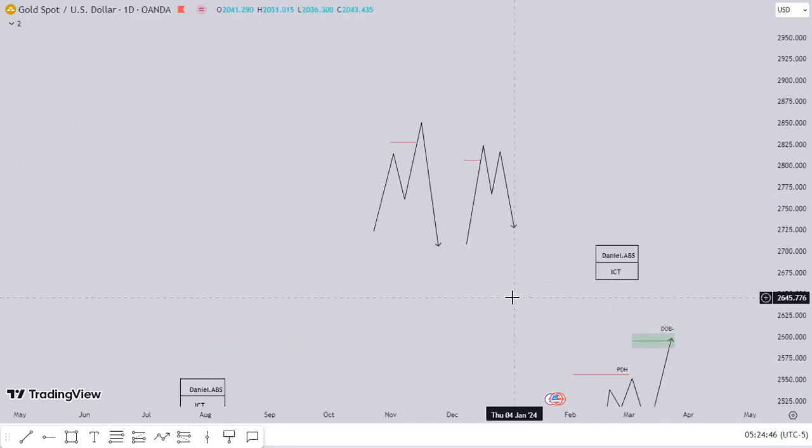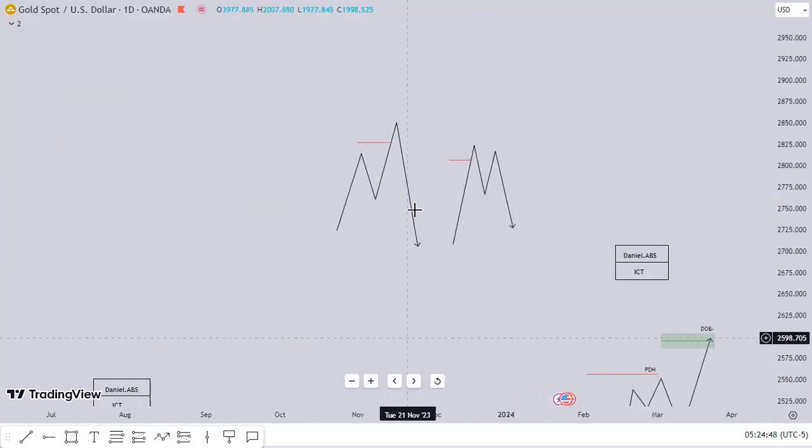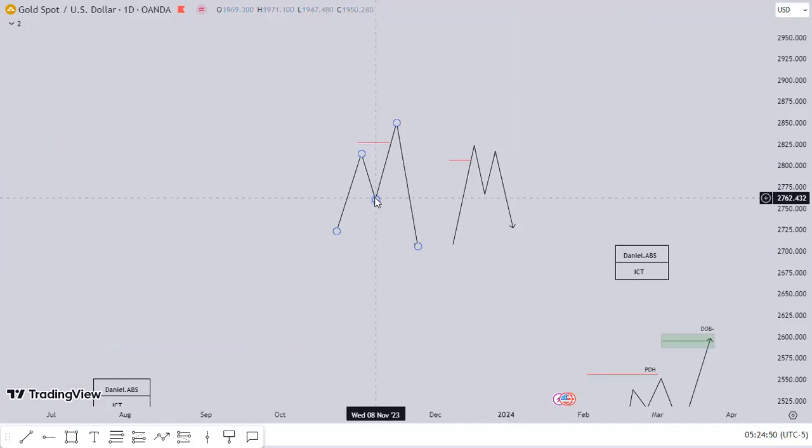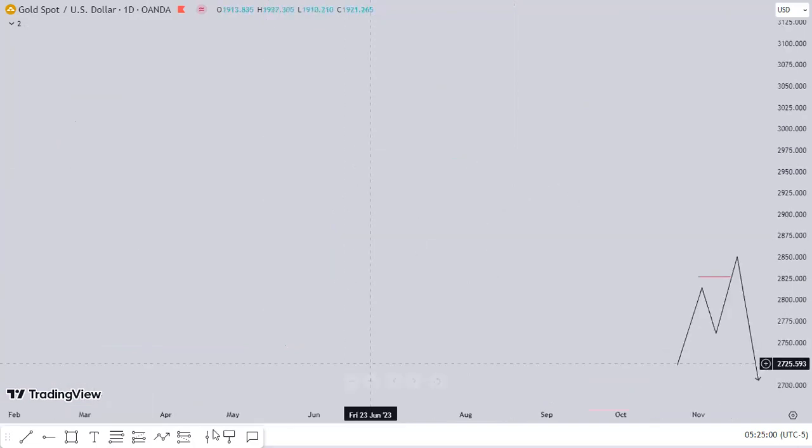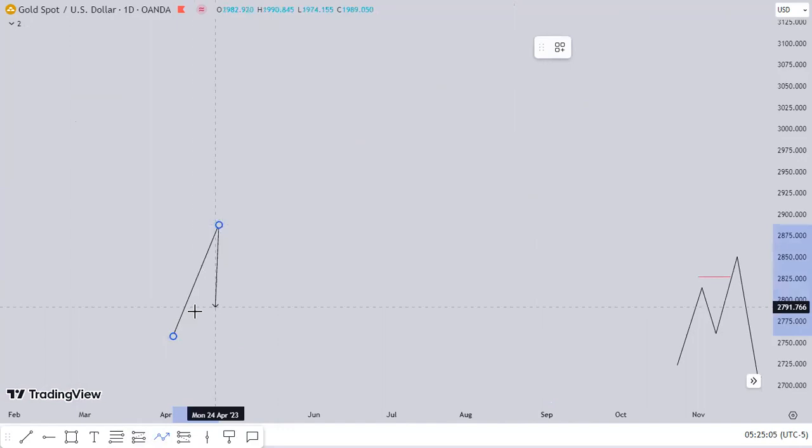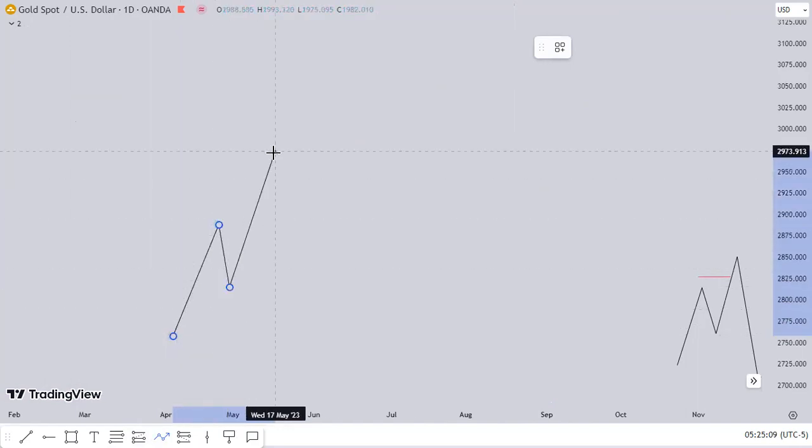Okay, so here we have the MSS that happened on the SMT. Okay, that is a true MSS also. So let's say we have a price going up, making higher lows and higher highs, like here.